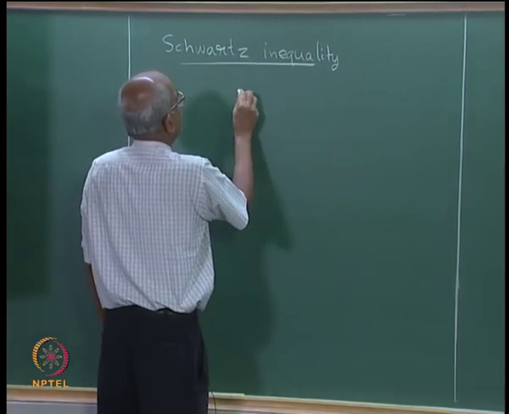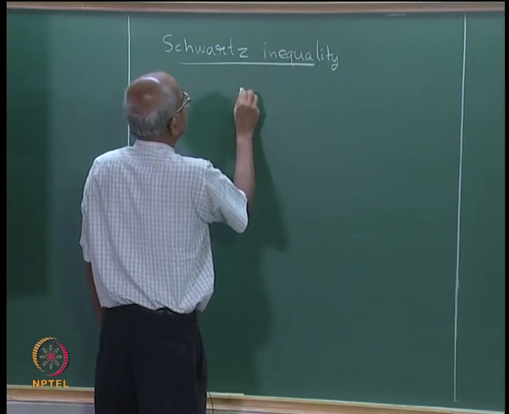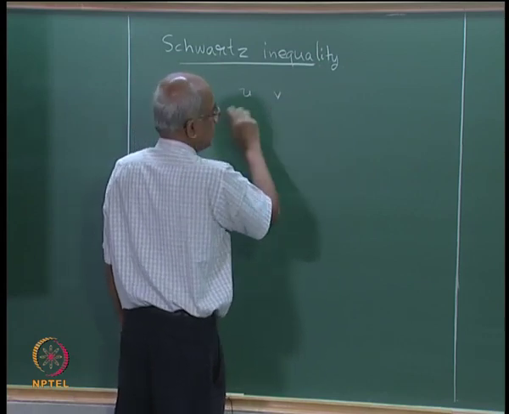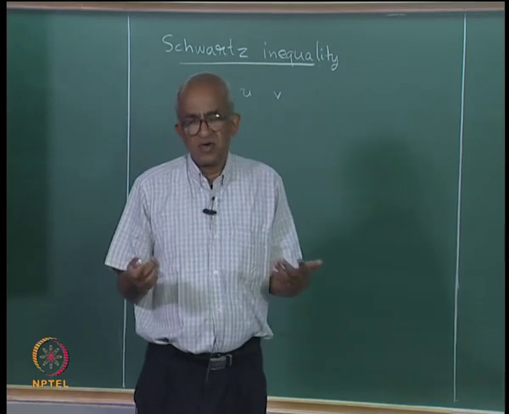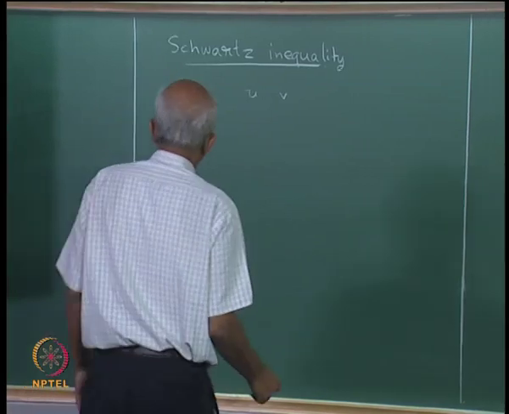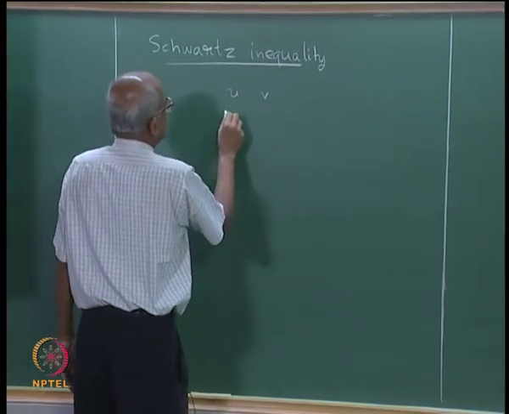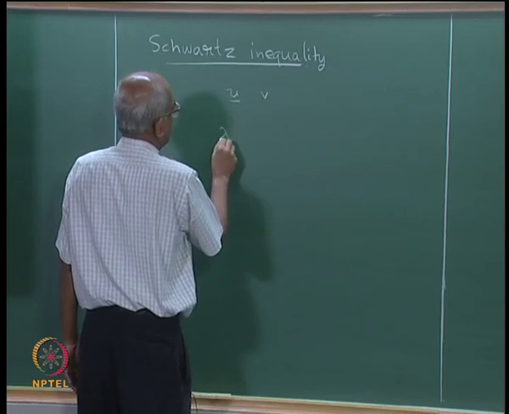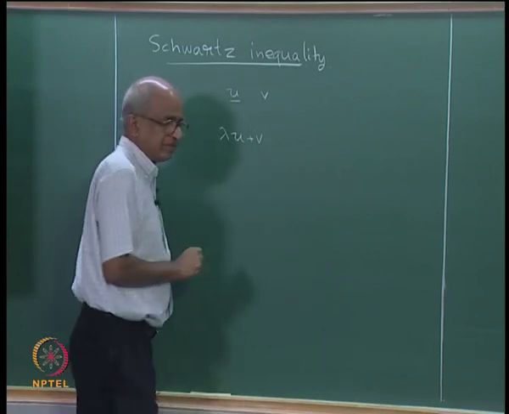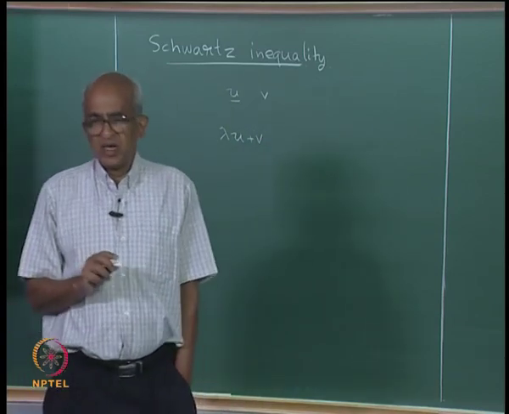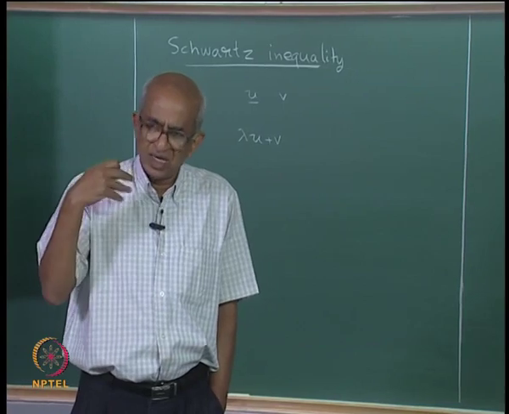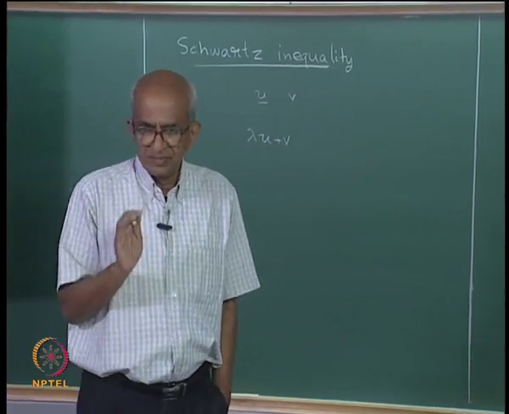If you think of any arbitrary function u and another arbitrary function which I shall denote as v, these are two functions. Because we are thinking of quantum mechanics, we can think of them as acceptable wave functions. Okay. What I will do is I will take the first function, multiply it by a parameter lambda. So, lambda into u plus v. Lambda, I will assume, is real, it is not a complex number. Lambda is real, but u and v are arbitrary, they may be complex.